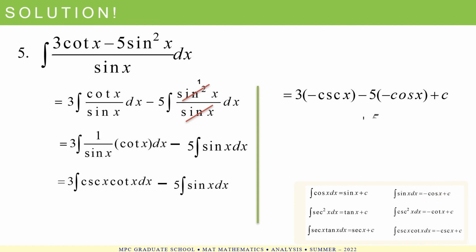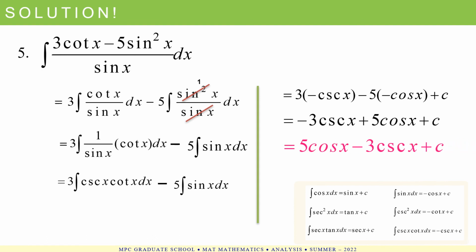Next, we're going to simplify this. So we have negative 3 cosecant of x plus 5 cosine of x plus c. We can also rearrange this. So we have 5 cosine of x minus 3 cosecant of x plus c.